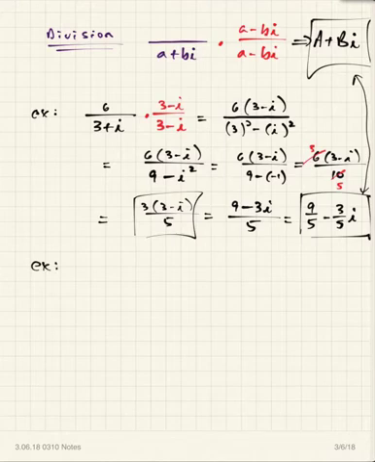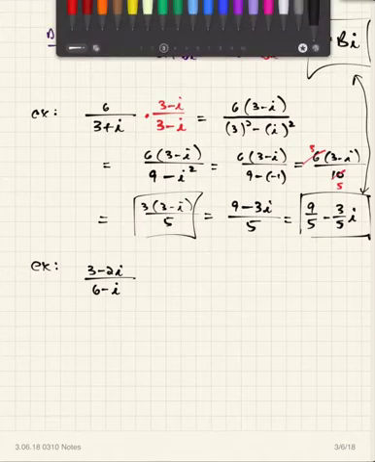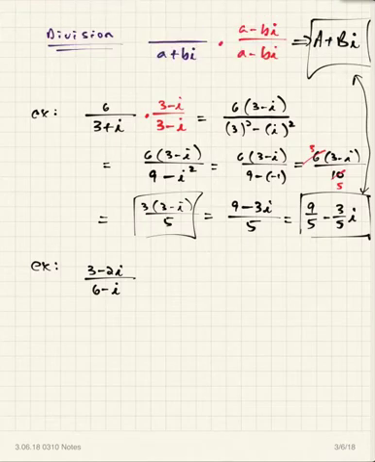All right, the next problem, let's look at this one. You have 3 minus 2i over 6 minus i. So you're dividing by this complex number, and I would multiply numerator and denominator by the conjugate of the denominator.